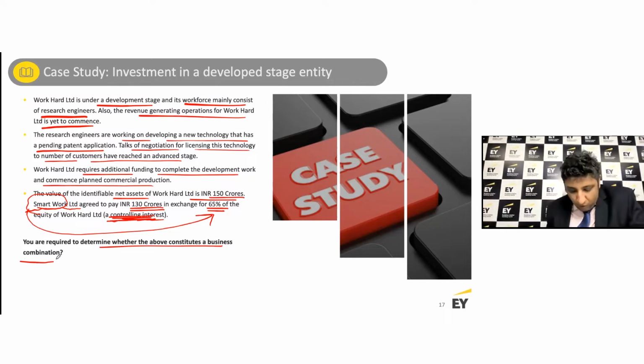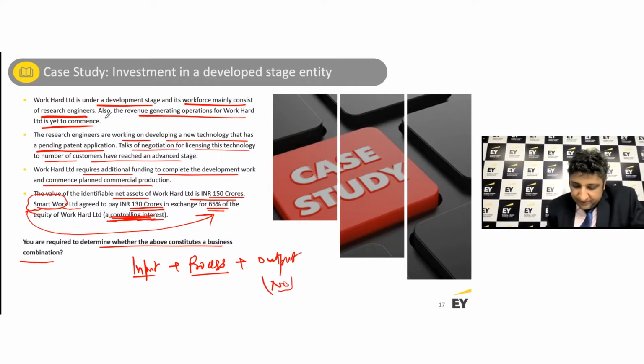Now, importantly, we are talking about inputs and processes, right? Essentially, the output is not present because the revenue generating operations have not yet started. When you look at this scenario, the inputs would include your research engineers, right?